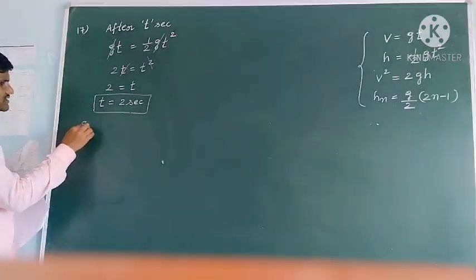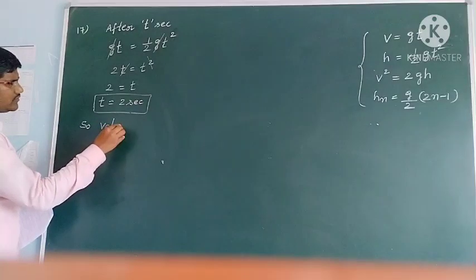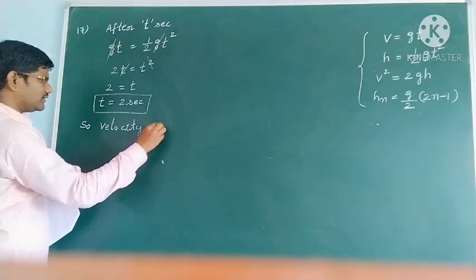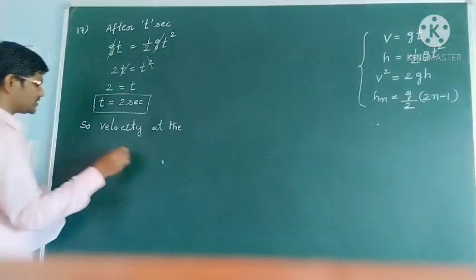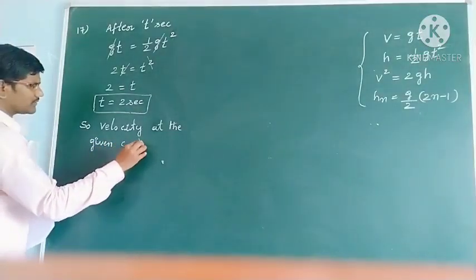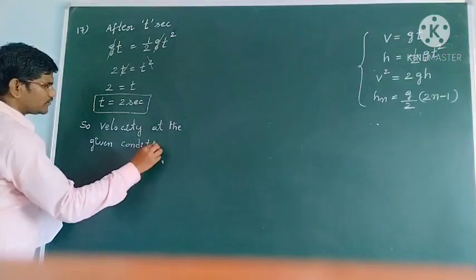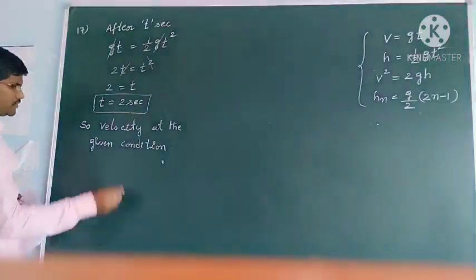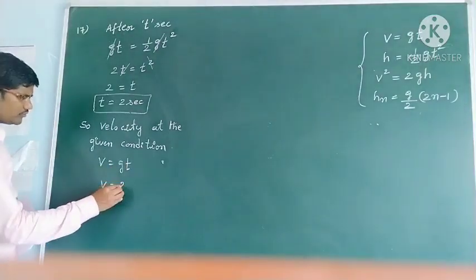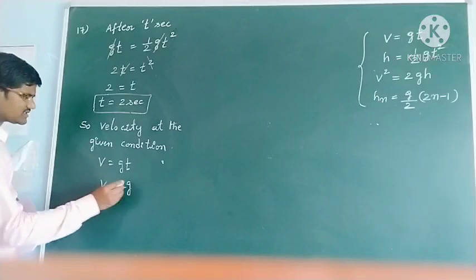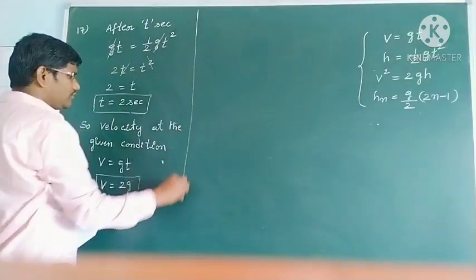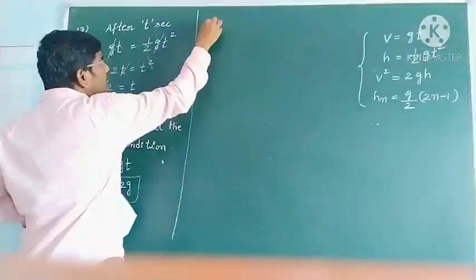So we are calculating the velocity at the given condition. So velocity is equal to g into t, that is 2g, the velocity you will get.